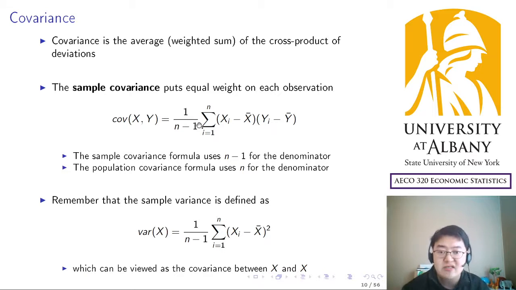Why do we use minus 1? The idea is exactly the same as the sample variance formula. When you use minus 1, it will be unbiased. So that's why we use the sample covariance formula, but it's not a big problem here.